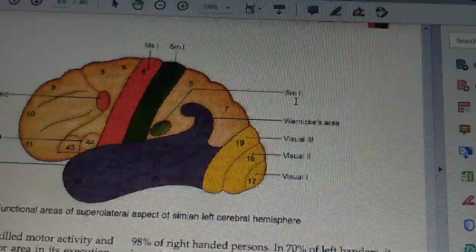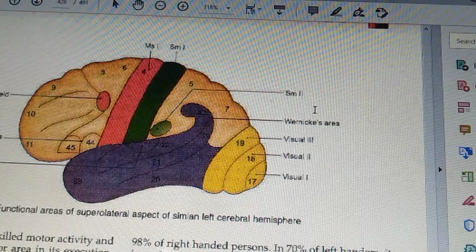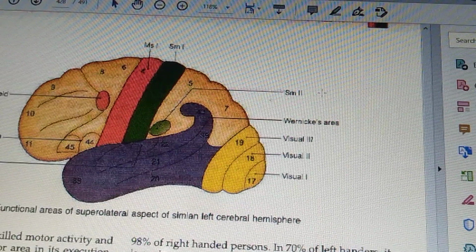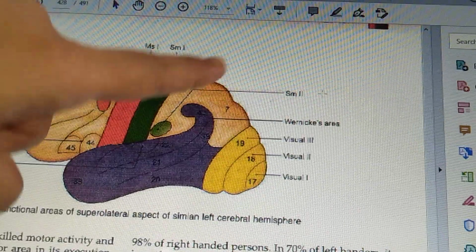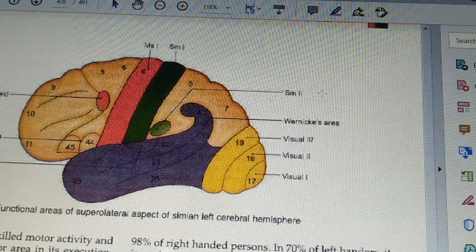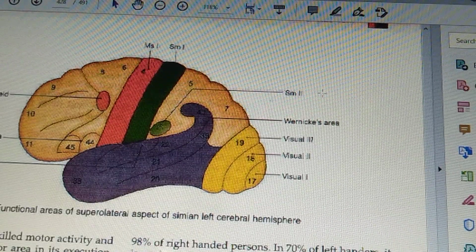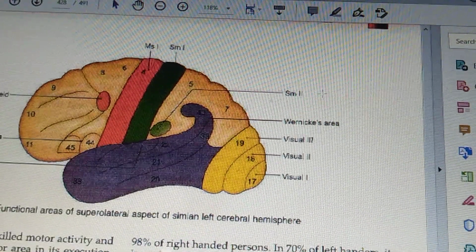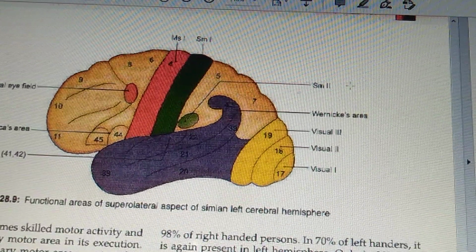So if areas 1, 2 and 3 of Brodmann are affected, then all these symptoms will be found in the patient. Next is the somesthetic association cortex, that is superior parietal lobule, areas 5 and 7 of Brodmann. A lesion in this area leads to a defect in understanding the significance of the sensory information, which is called agnosia. What is agnosia?